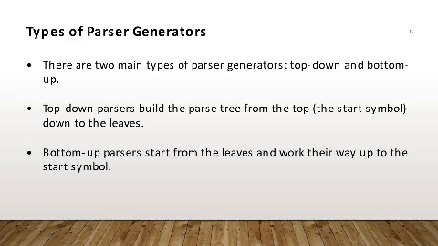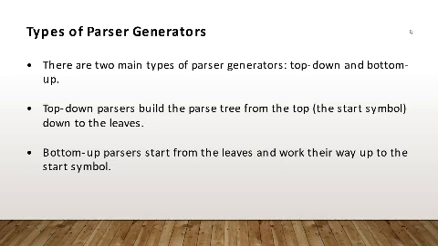Types of parser generators. There are two main types of parser generators. The first one is the top-down parser generator and the second one is the bottom-up parser generator. In top-down parsing, the parser starts from the start symbol, which is the root of the grammar, and works its way down to the leaves, trying to match the input with the grammar rules.